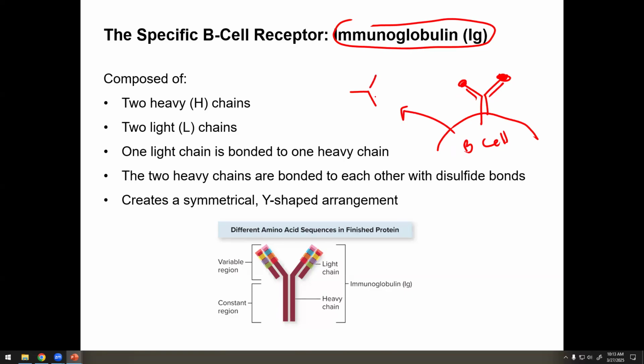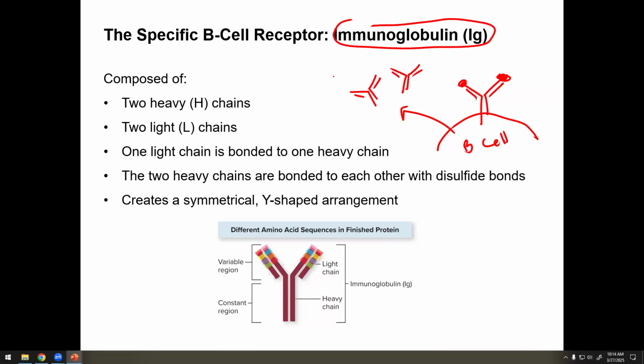So we're going to just mimic what our receptor looked like, but create a soluble version of just these proteins being made as a result. So that whole structure, whether it's membrane bound or secreted as antibody, that's the immunoglobulin.